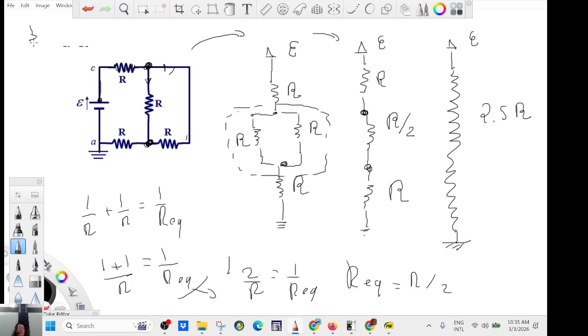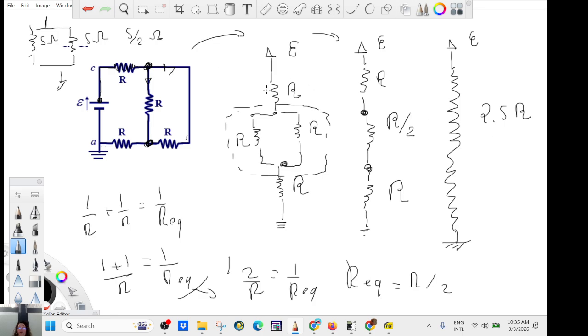So if you have, for example, 5 ohms and another 5 ohms in parallel, that's going to be 5 over 2 ohms. Okay? We will get back to that, but the answer is 2.5 R. Any question?